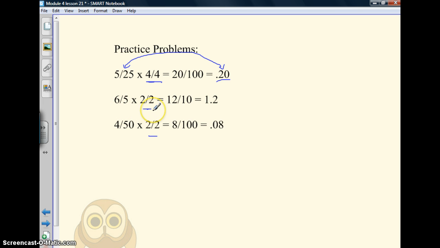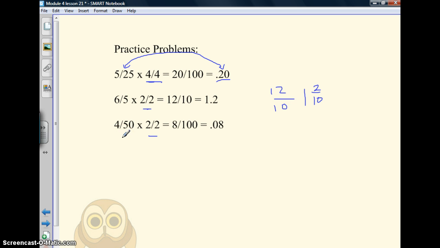6/5 times 2 halves equals 12 tenths, which is an improper fraction, which is going to give me the decimal 1 and 2 tenths, because I have 12 tenths, and I know that means 12 divided by 10, which is 1, remainder 2. Okay?